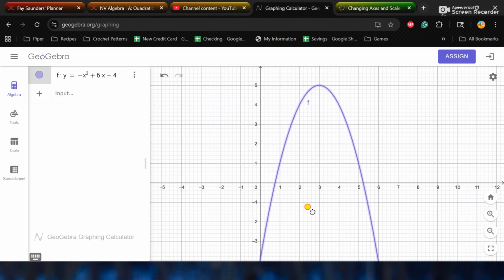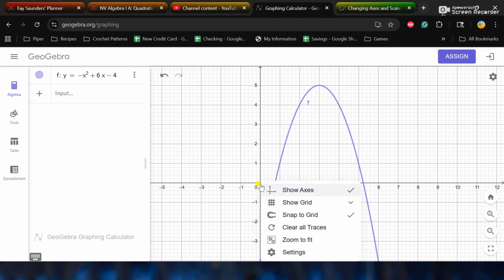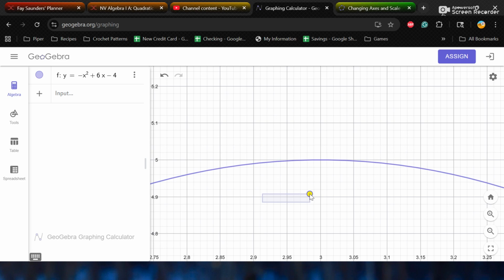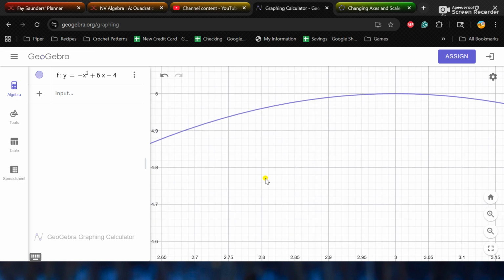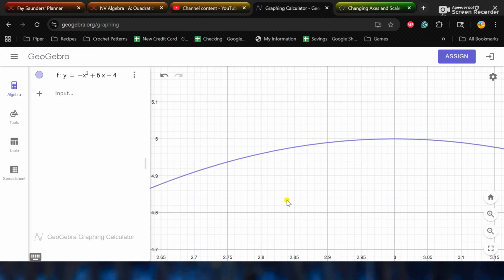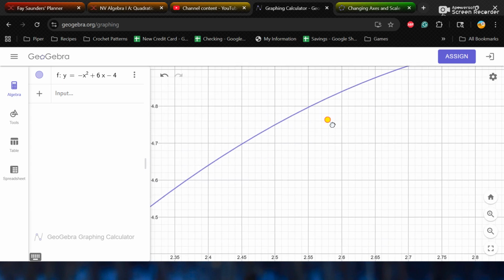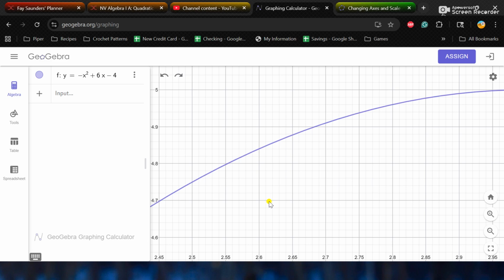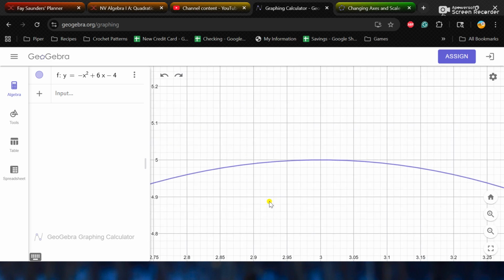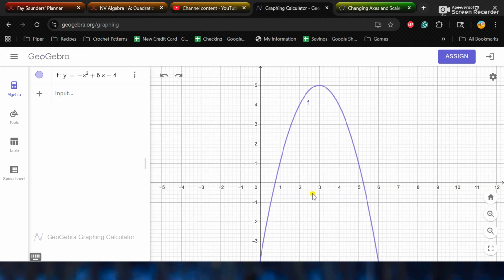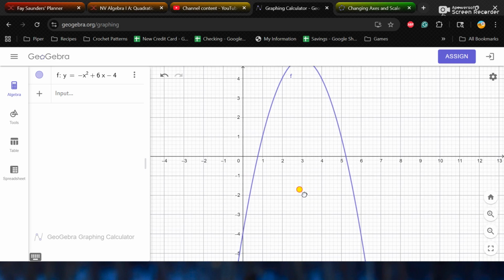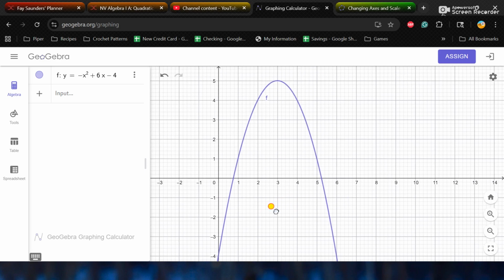I wouldn't worry about it too much, but let's see what happens when I go zoom to fit. Woo, okay. Oh, dang. Control Z is my friend. It's still being strange. I'm not sure. Well, I don't think I wanted to do it on that one, so we'll just leave it because this looks pretty.